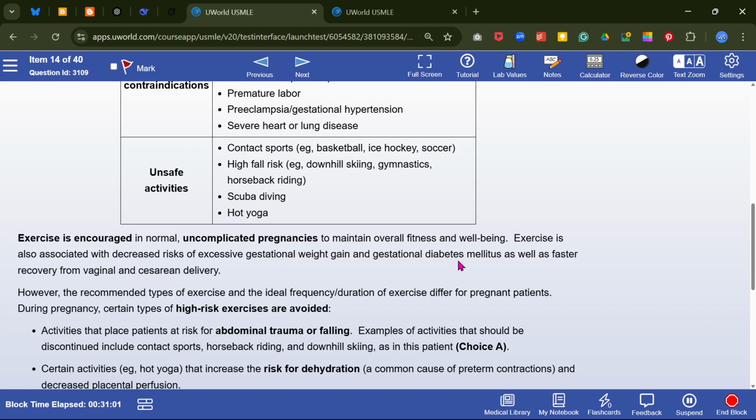Exercise is also associated with decreased risk of excessive gestational weight gain and gestational diabetes mellitus, as well as faster recovery from vaginal and cesarean delivery. However, the recommended types of exercise and the ideal frequency or duration of exercise differ for pregnant patients.